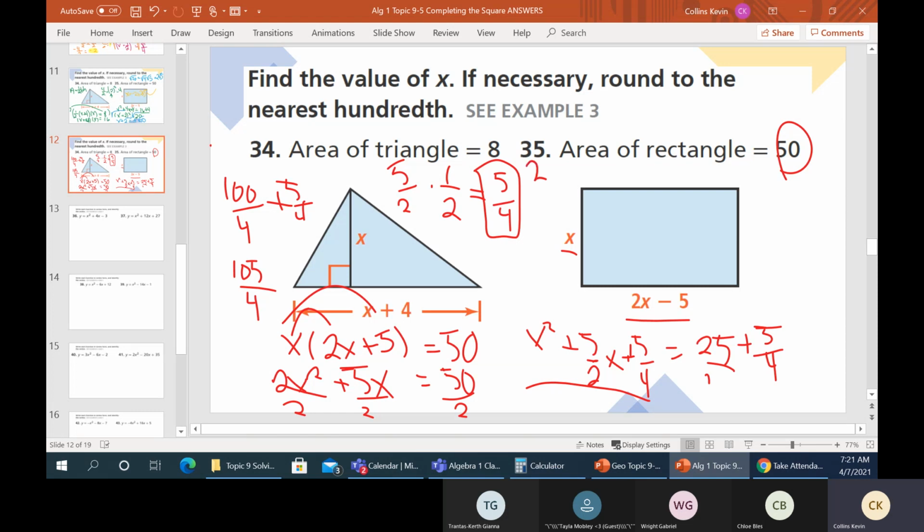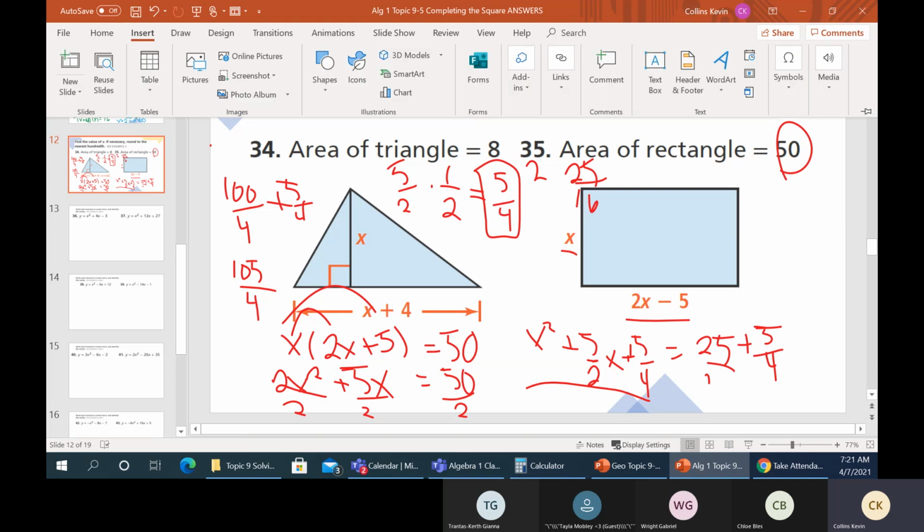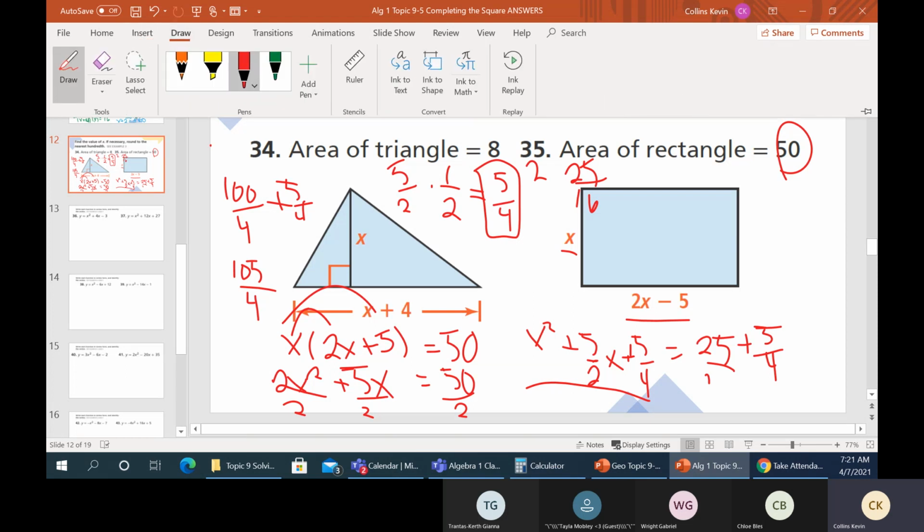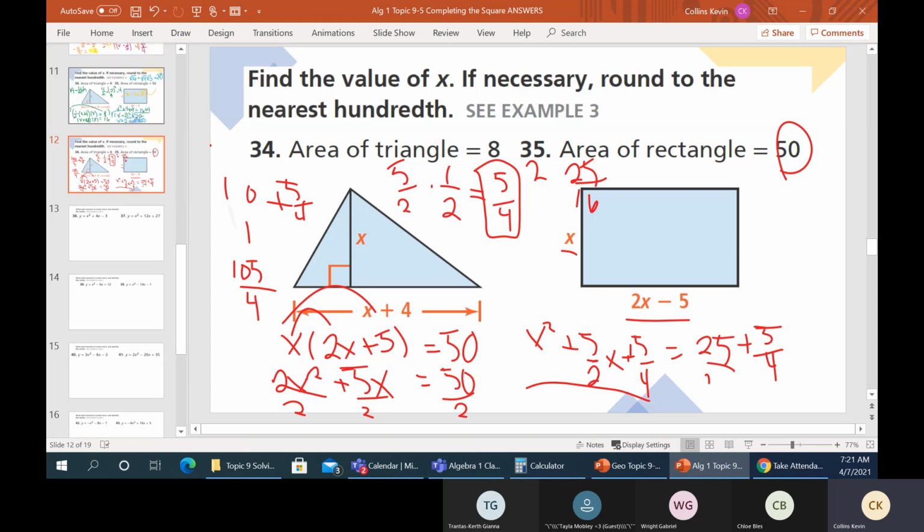I forgot to square. So this is going to be 25 over 16. All right, my bad. So then we have to go back over here. Let's fix this. So see, everybody forgets to do part of this sometimes, including me. All right, so let's do this again.